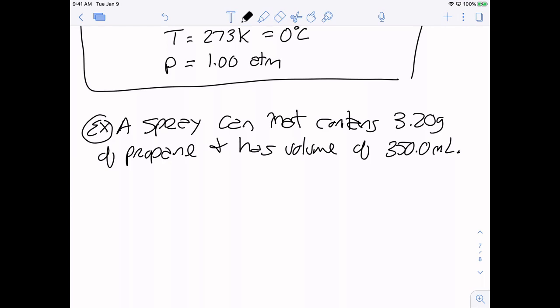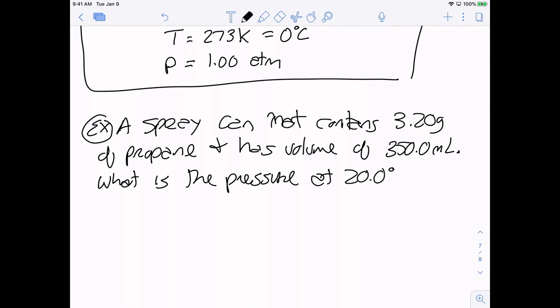And we want to know, what is the pressure in that can at 20.0 degrees Celsius.